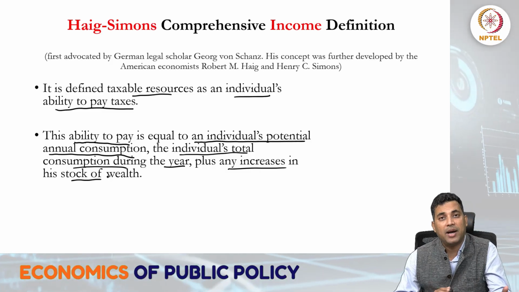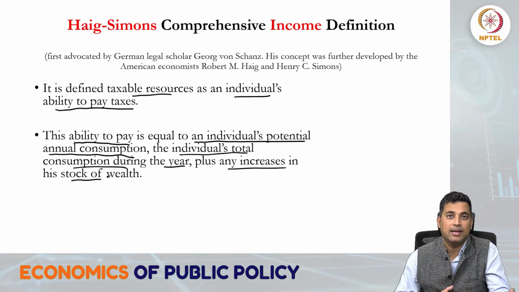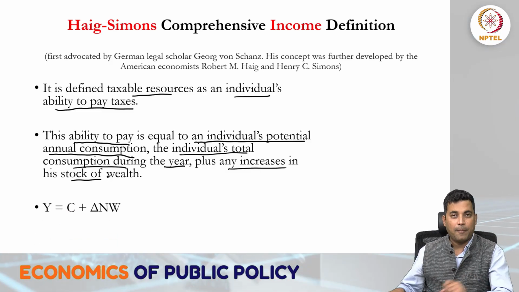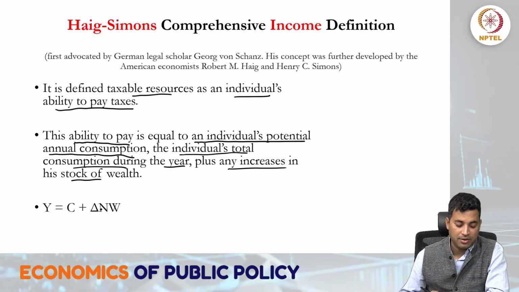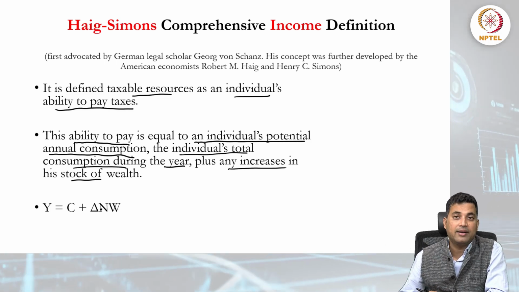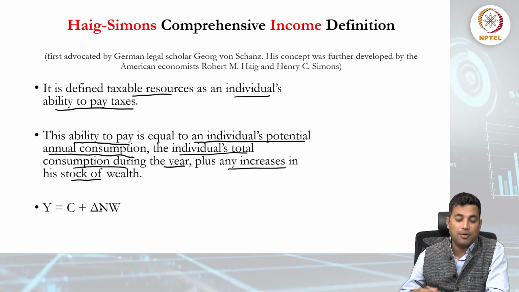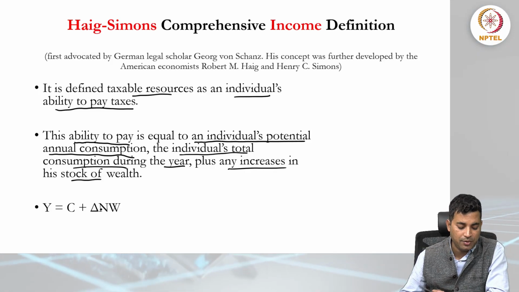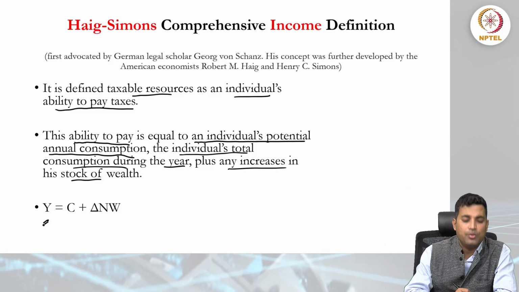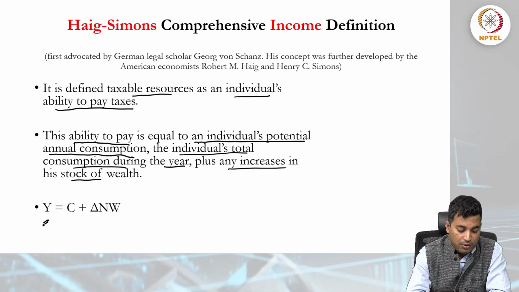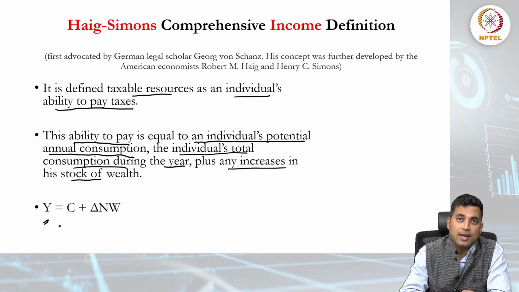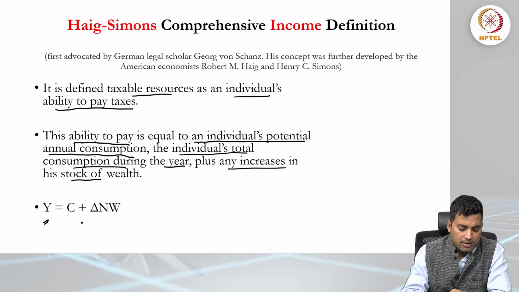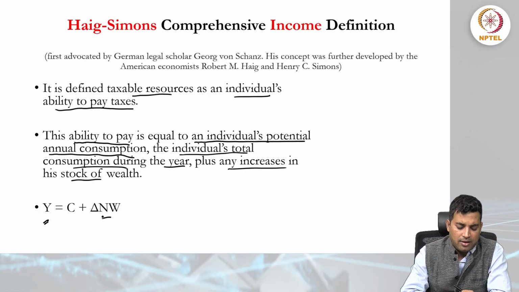If we combine these two, this is the Haig and Simons definition of income from the resource allocation point of view: capital Y, which we are already familiar with, the output or income of an individual, equals consumption, total C, consumption expenditure, plus the change in net wealth.